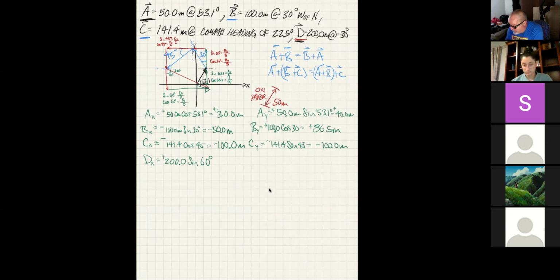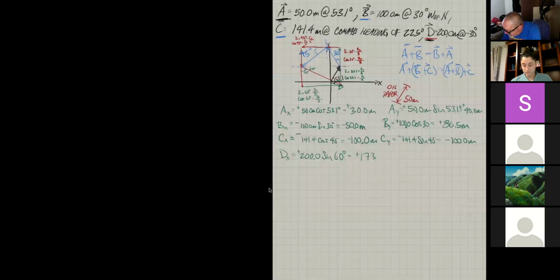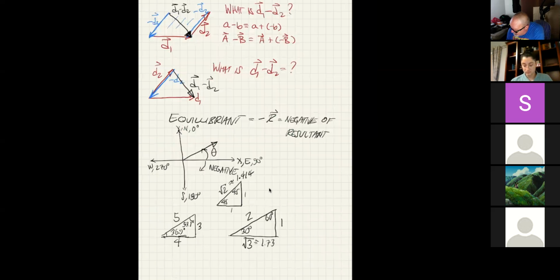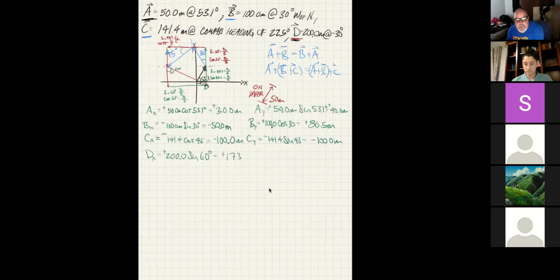So if I divide that by 2, I get 100, and then times root 3, that should be 173. So I'm going to say this is positive 173. Double checking, of course, you can see that the sine of 60 is in fact root 3 over 2. And that's meters. And then D sub y is going to be a negative. So it's negative 200 times cosine 60 degrees. Cosine 60 is 1/2. So that's negative 100.0 meters.